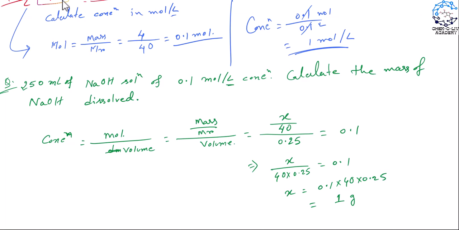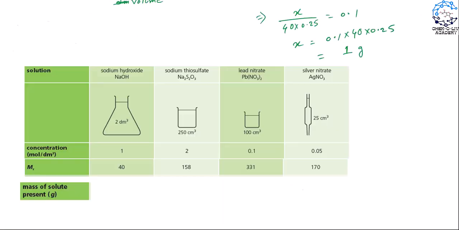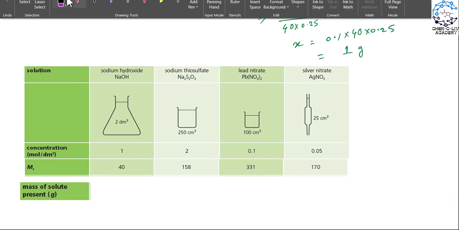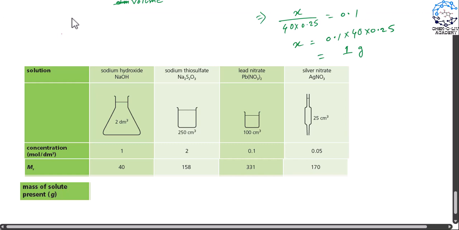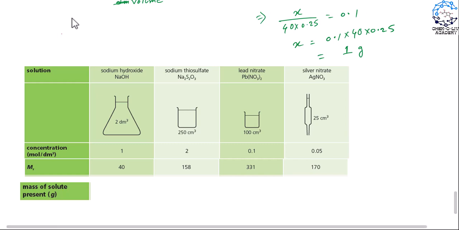Now let's see a very interesting calculation involving this formula. Understand this problem. The problem says there are a few apparatus, and in this apparatus we have different solutions. One is sodium hydroxide, one is sodium thiosulfate, lead nitrate, and silver nitrate.